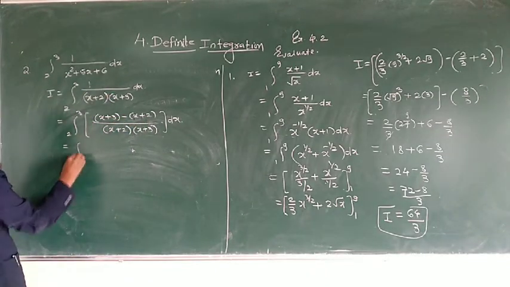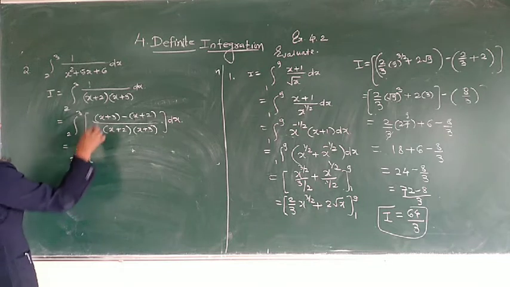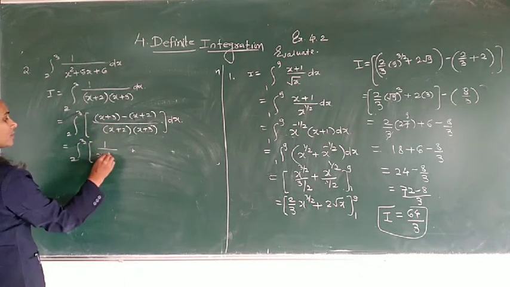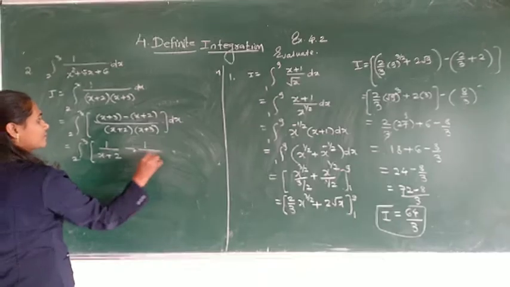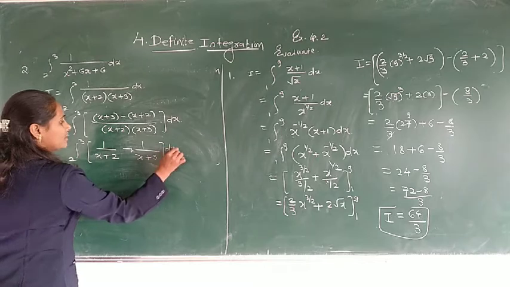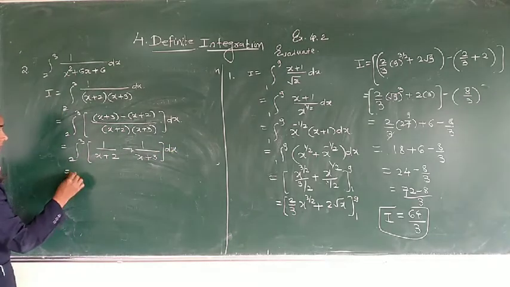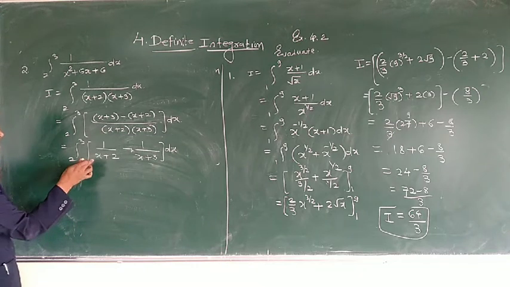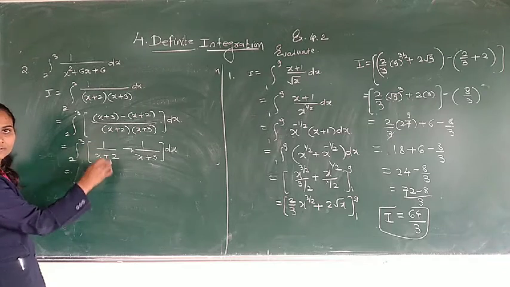Now separate the denominators. x plus 3 upon x plus 2 into x plus 3. So here we will get 1 upon x plus 2 minus 1 upon x plus 3, where x plus 2 will get cancelled, into dx. Now take the integration, 2 to 3. So we take the integration directly. The derivative of x is 1 and the derivative of 2 is 0.